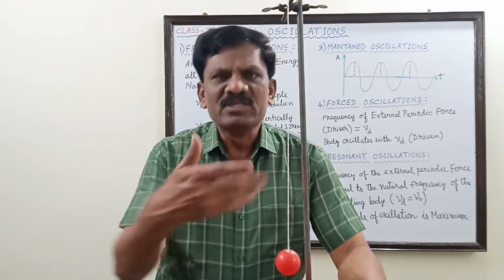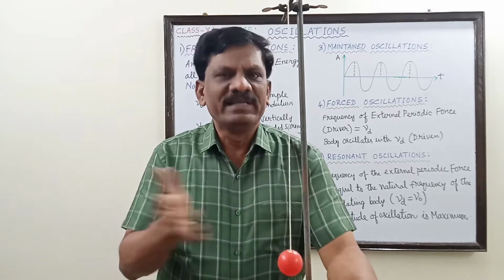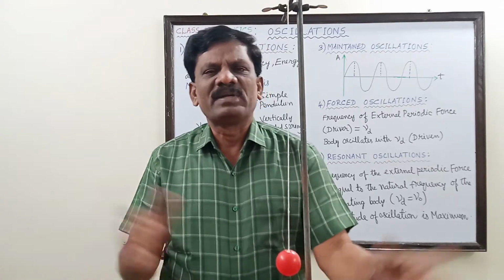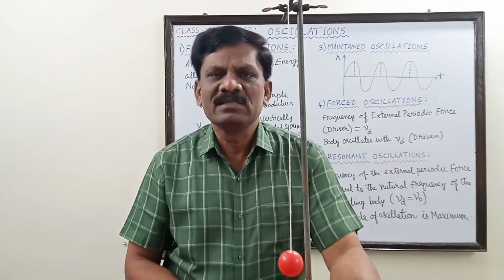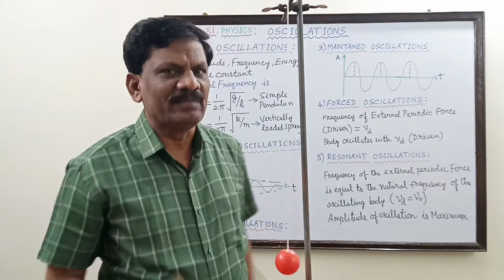Imagine if there is no air inside this room, the pendulum would be oscillating non-stop, perpetually. But actually what is present inside this room is air, isn't it? So because of that air, what is going to happen after a duration of time? Let us see now.